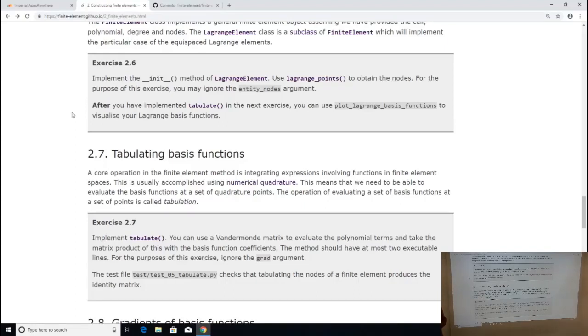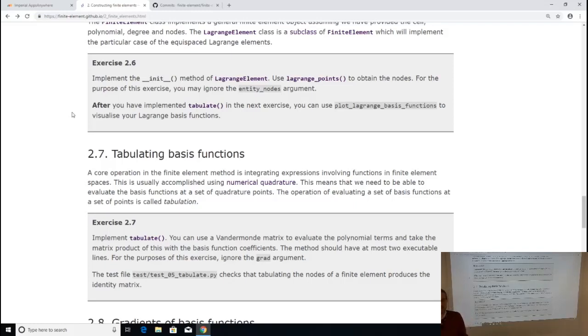Tabulate is in many respects the key operation that a finite element provides. Remember, a finite element is essentially a set of basis functions defined on a cell.